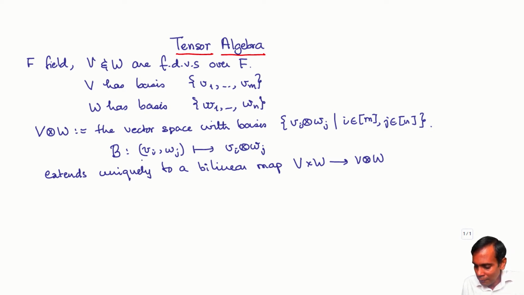And how do you define B from V cross W to V tensor W? So what's a typical element of V cross W?